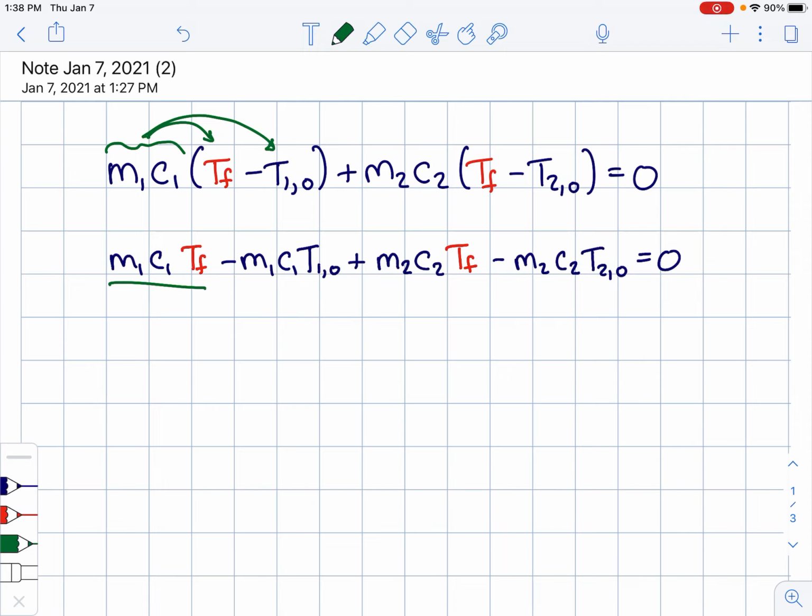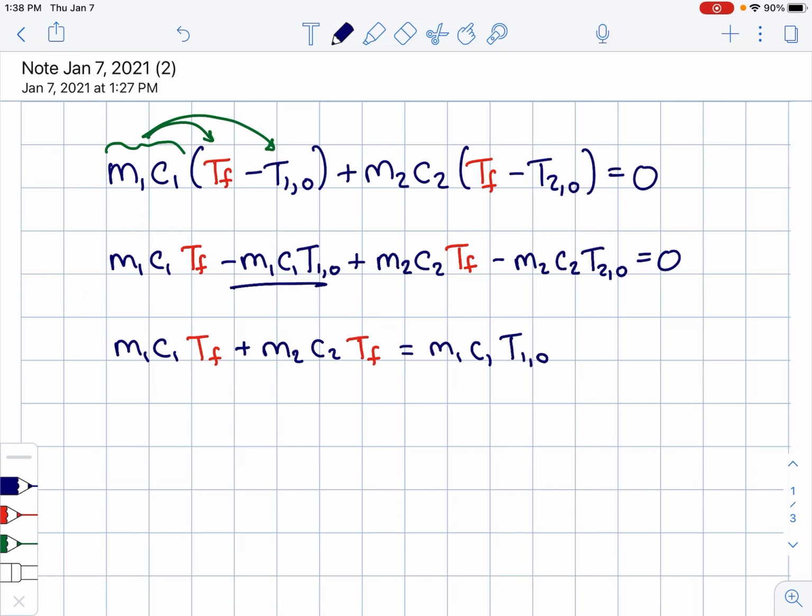So here we go. I'm going to keep this term, m1 c1 times T final, and I'm going to keep the other term that has it. That's m2 c2 times T final, and that is all going to equal m1 c1 T1 initial.